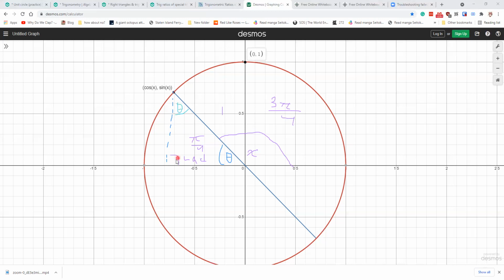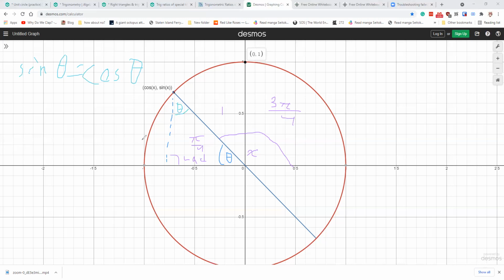And what that means is that this triangle is what we call an isosceles right triangle, which is to say that the length of this side and this side are the same, or sine theta is equal to cosine theta. And so how does this help?